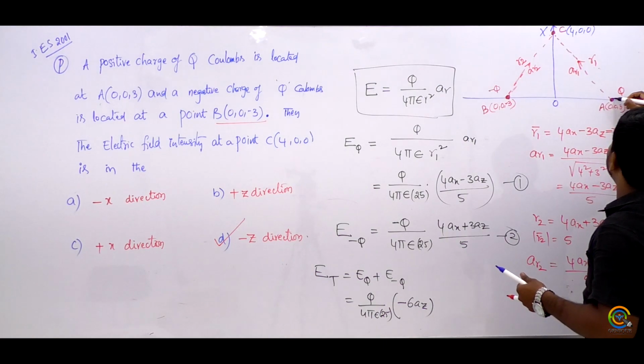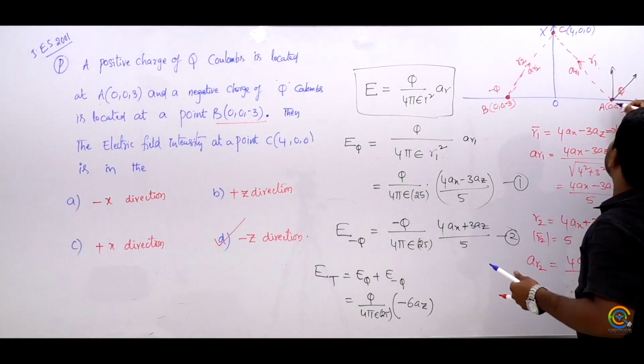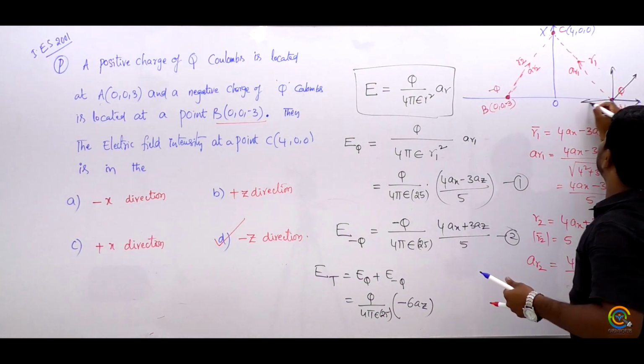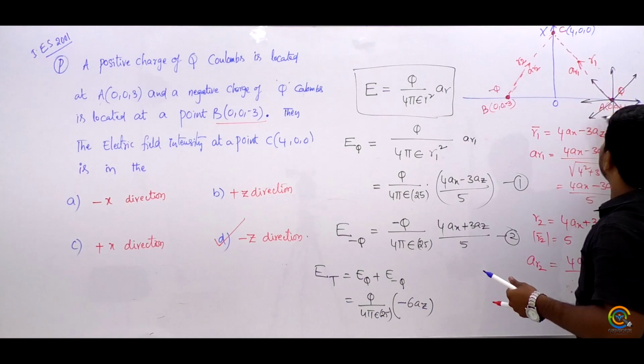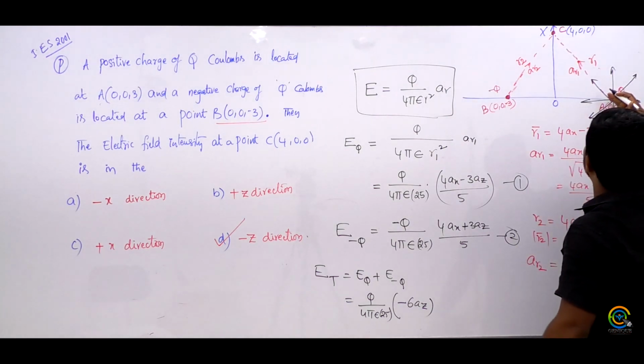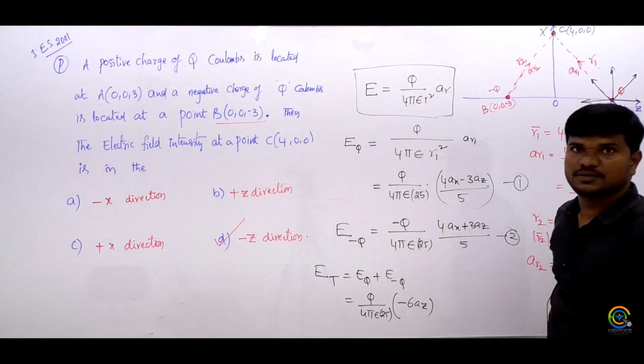So from this, we can say that the electric flux will be like this, due to this point charge. So in this direction, I have to find the electric field at this point.